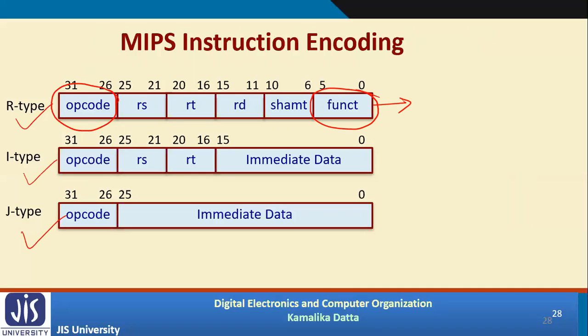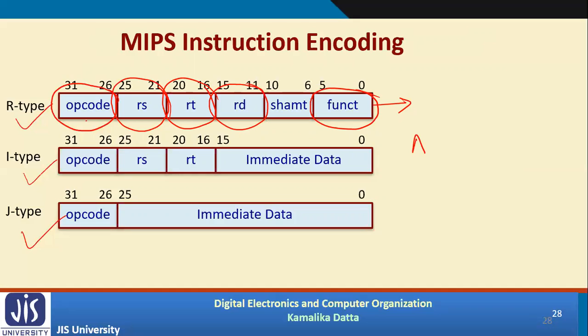So this opcode and this function are related. You will see that these two values are the same for the same instruction, and different for others. Similarly, RS is the register source, this is another register source, and RD is the destination register.